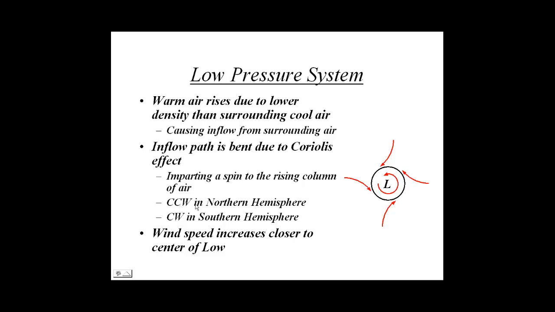And as mentioned here, in a low pressure system it's counterclockwise in northern hemisphere, clockwise in southern. And in a low pressure system, the wind speed increases the closer you get to the center. So when you're way out here, you have the circulation, but it's a slower speed than as you get towards the middle. It accelerates towards the middle.